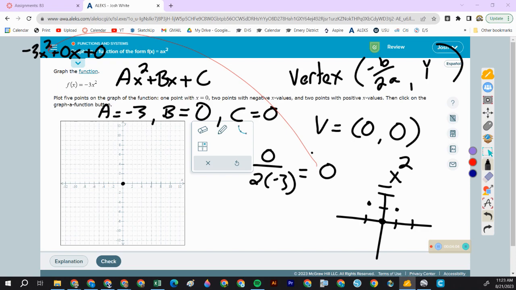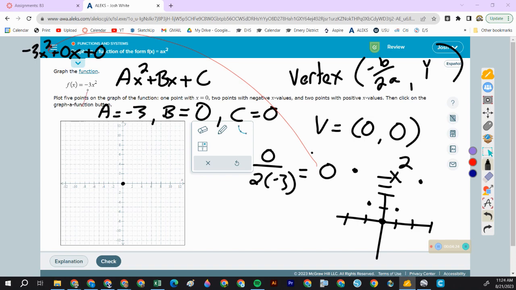What if I went over 3? How far up would I need to go? 9. Okay? So that is a basic quadratic. Over 1, up 1, over 2, up 4, over 3, up 9, and so on.